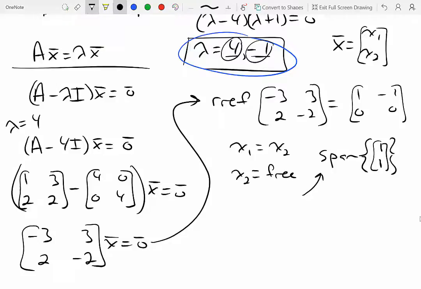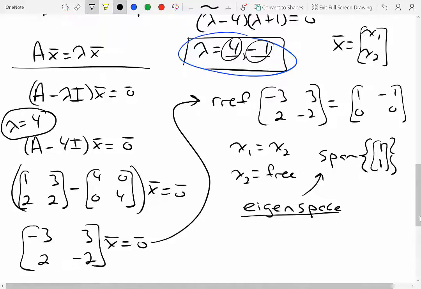So another definition: all of the eigenvectors are linear combinations of 1, 1. We call this an eigenspace. It is the set of all possible eigenvectors for a particular eigenvalue, in this case equaling 4.